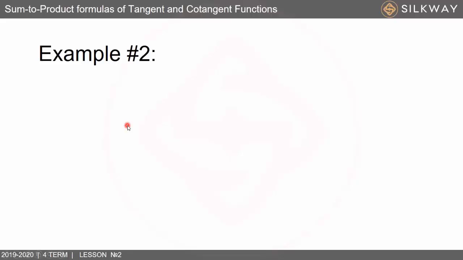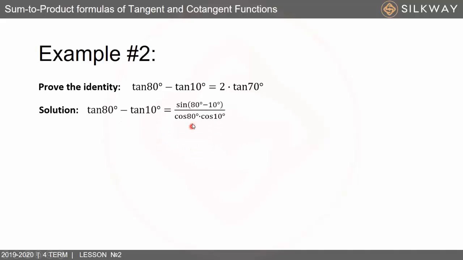Okay. And look at example number 2. We must prove the identity: tangent 80 degrees minus tangent 10 degrees is equal to 2 multiplied by tangent 70 degrees. We work with the left side, and if we use our formula, we will have sine of 80 degrees minus 10 degrees divided by cosine 80 degrees multiplied by cosine 10 degrees.